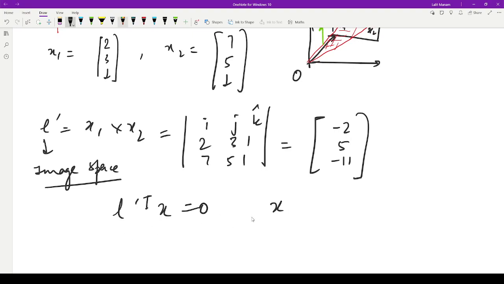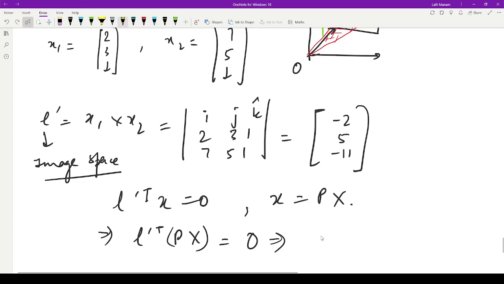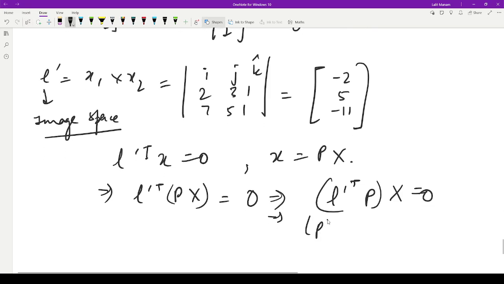But we obtained x from the projection matrix P, x equals P X. So we can just write it simply as L transpose P X equals 0, or P transpose L, whole transpose X equals 0.